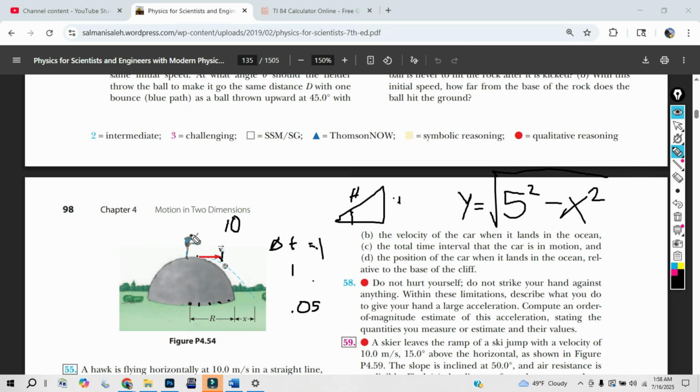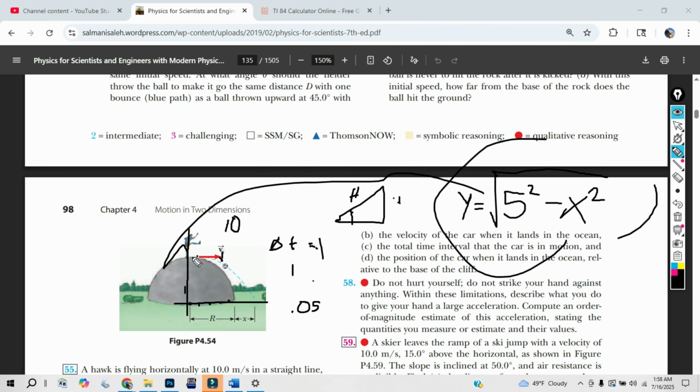Now, I don't know how we're going to look at this, but no, yeah, this was the equation. This equation perfectly matches this right here. So when I throw in x is equal to 1 over here, I'm going to have 25 minus 1 is 24.